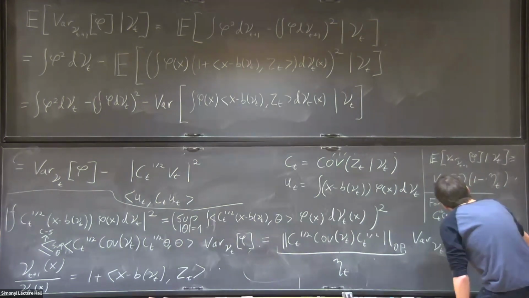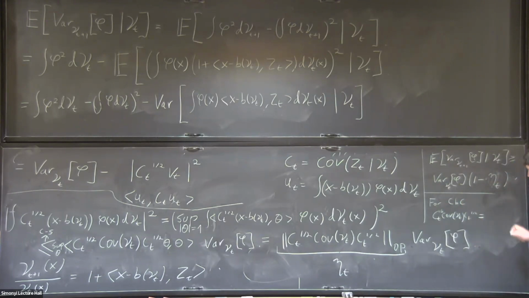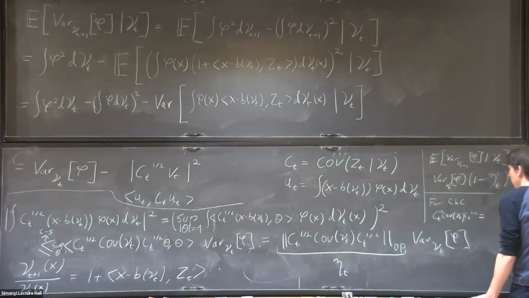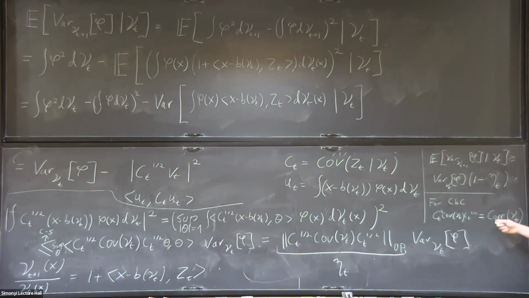We had the formula for the coordinate by coordinate process; it turns out, by a completely direct calculation, that C_t^{1/2} times the covariance of nu t times C_t^{1/2} is equal to the correlation matrix of nu t, which is the matrix whose ij-th entry is the correlation between coordinate i and coordinate j, like the covariance over the product of the standard deviations.